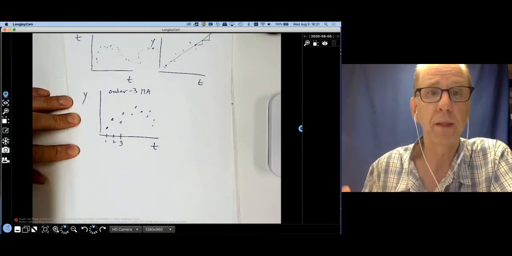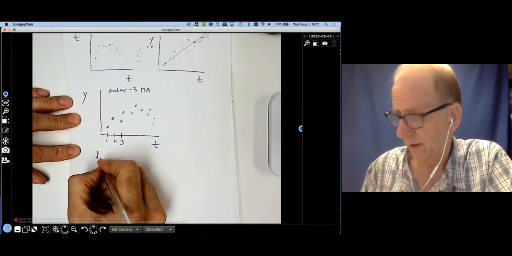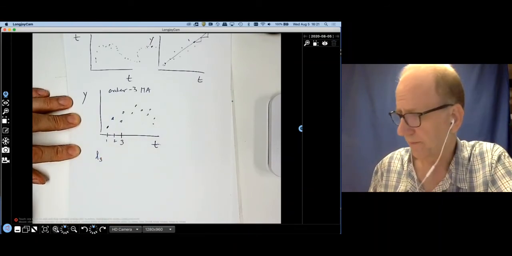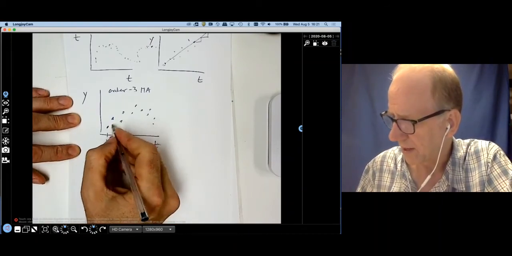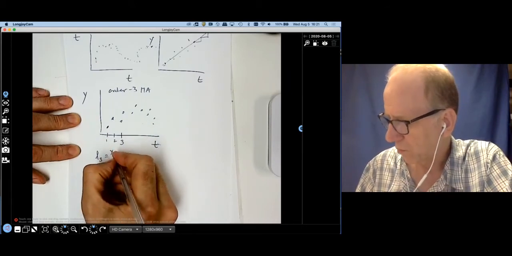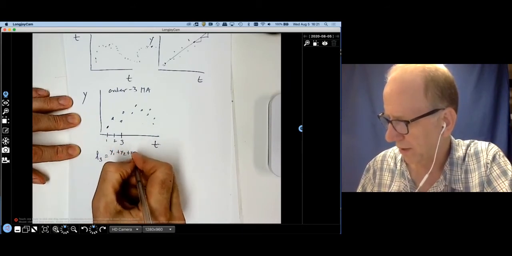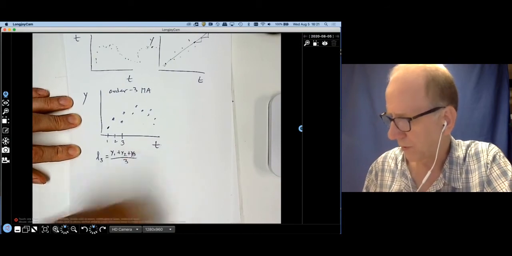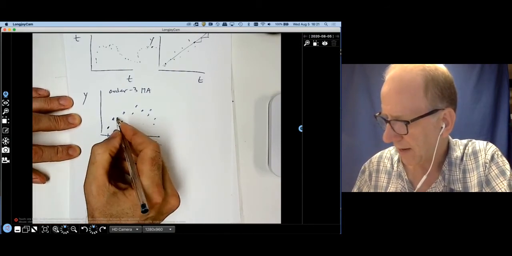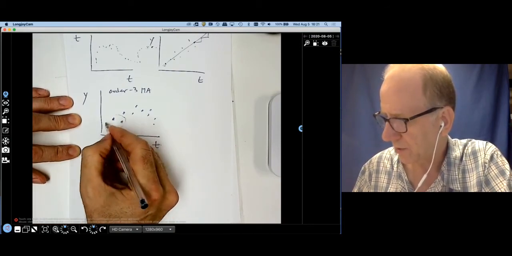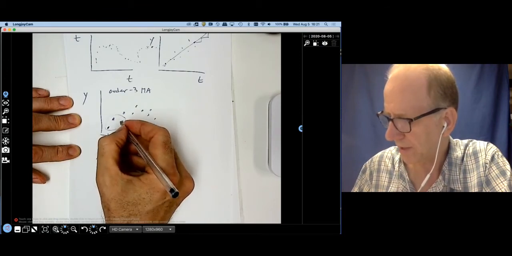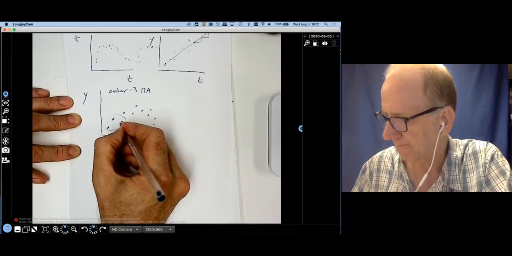What would be my level, so script L at 3? So script L at 3 is going to be, well, y1 plus y2 plus y3 all over 3. So think of it as the average height of these 3 points. And so I'm going to just guess that the average height is about right here.